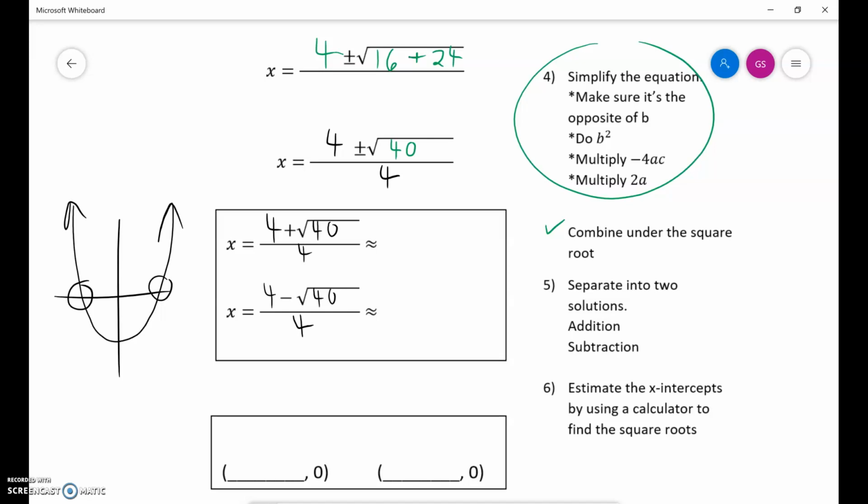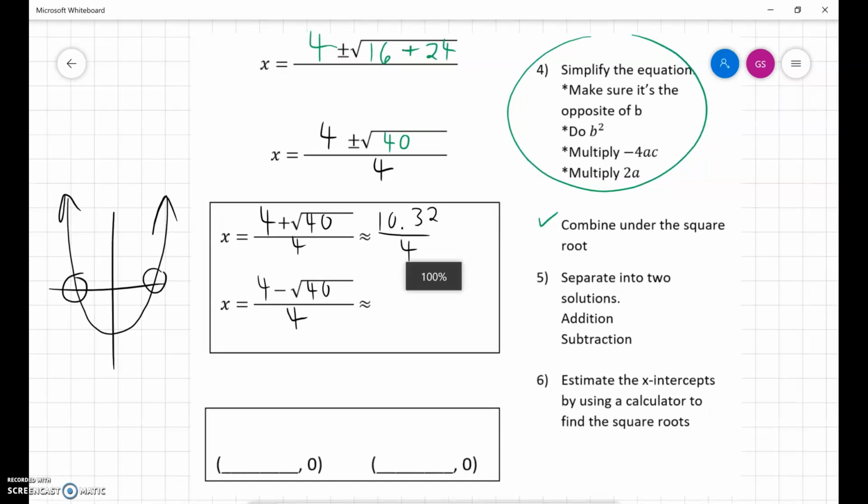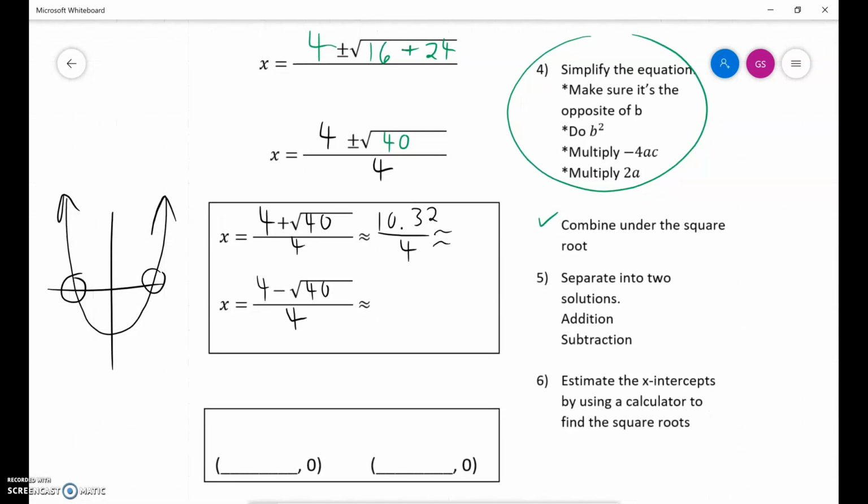Okay, so I'm going to get out my calculator, and you want to be kind of careful. I'm just going to do the 4 plus the square root of 40. I'm going to press enter. I got about 10.32. And after I've done that, I'm going to divide by 4. So I get about 2.58. That's one of my solutions.